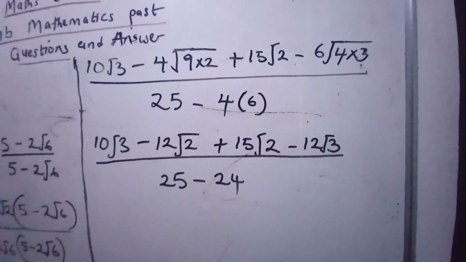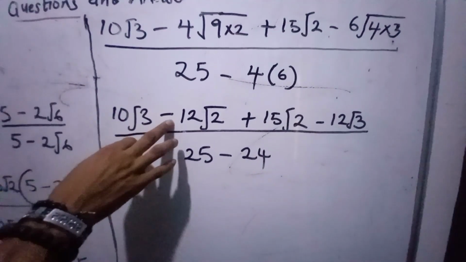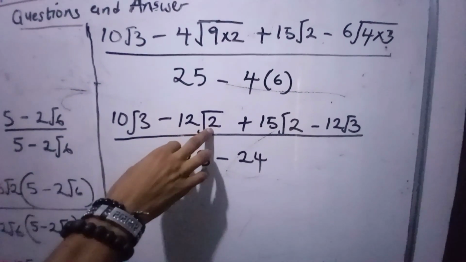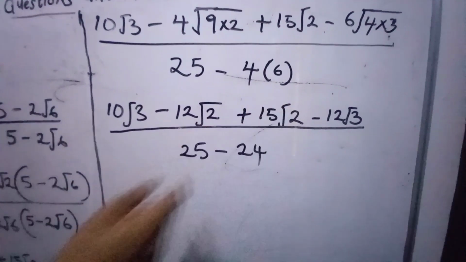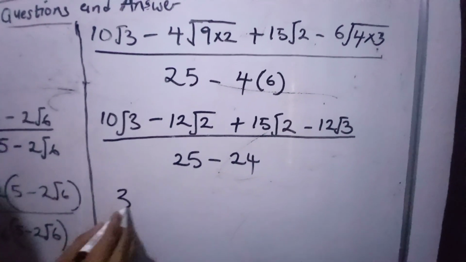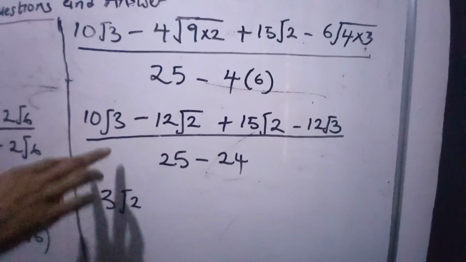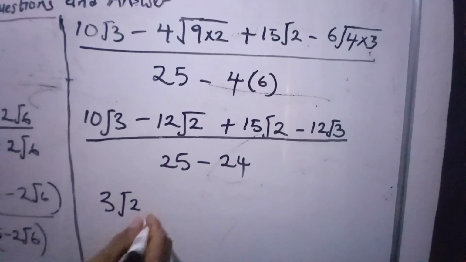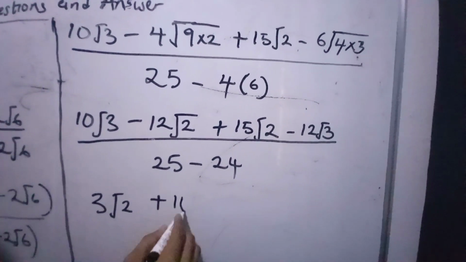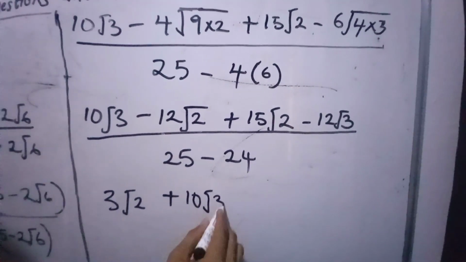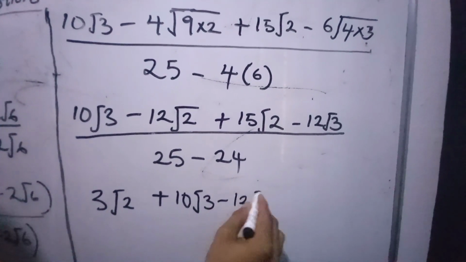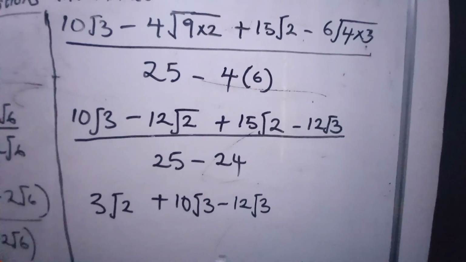Okay, then we say minus 12 sod 2 plus 15 sod 2 is what? 3 sod 2.